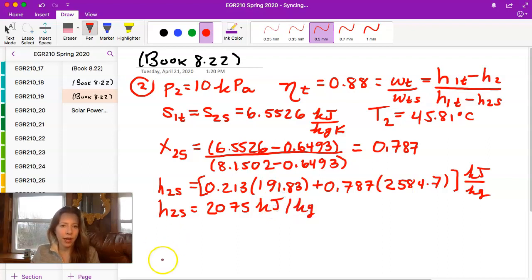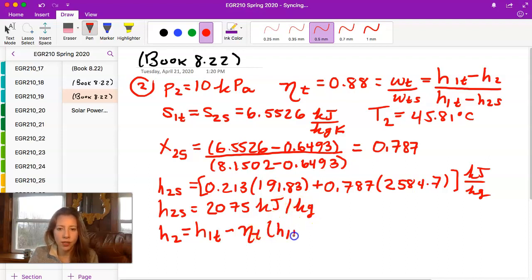Okay, so now we can solve for H2. H2 is going to equal H1T minus eta T times H1T minus H2S. I'm just rearranging this equation up here. And so now we have all our pieces we can plug in. H1T was 3,252.3, and eta is 0.88.